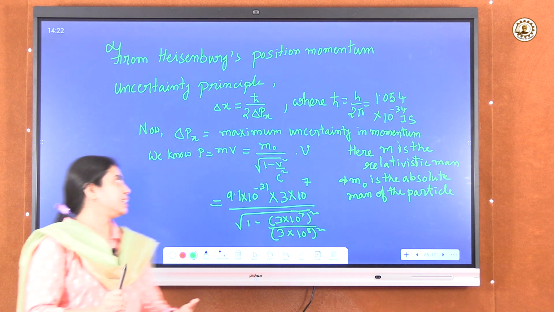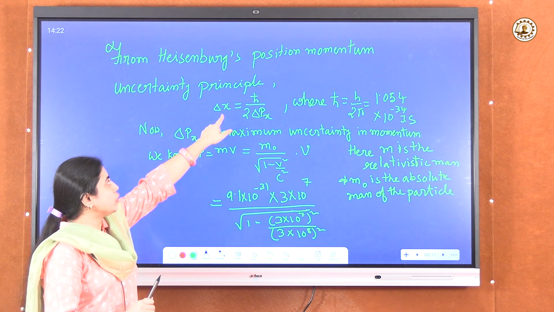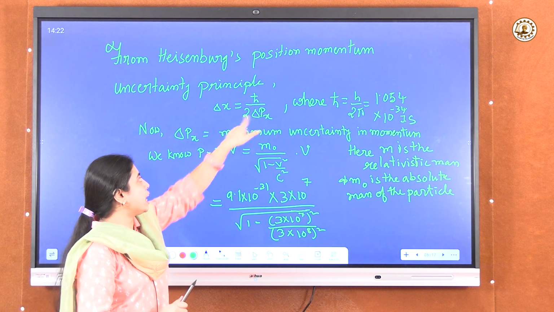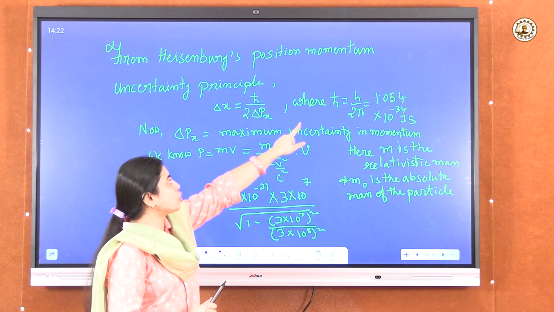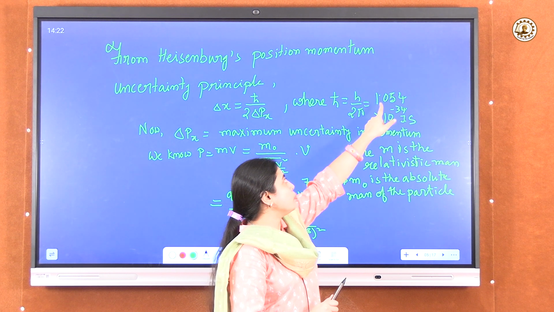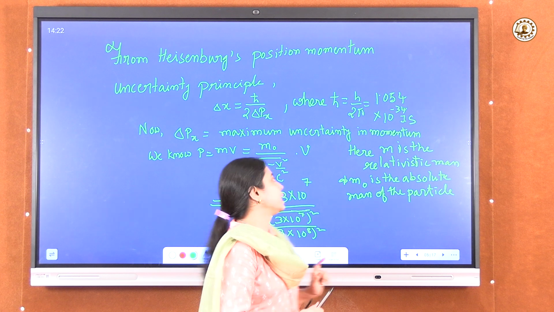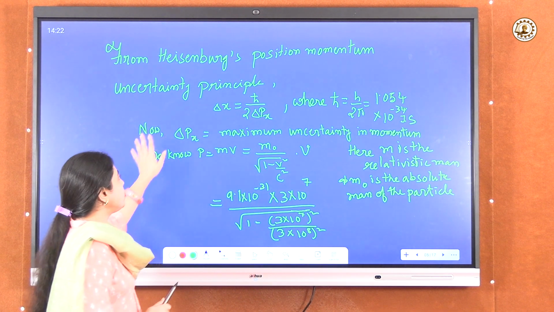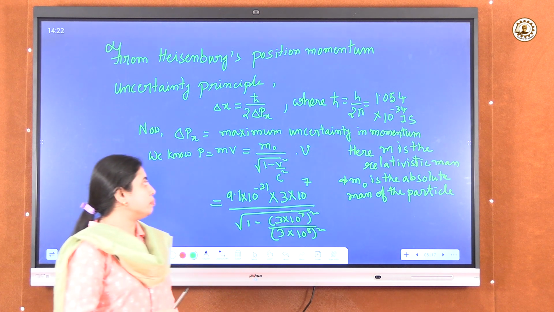So, using this relation, we can write del x equal to h cross by 2 into del Px, where h cross is equal to h by 2 pi and the value is 1.054 into 10 to the power minus 34 joule second. Now, del Px is the maximum uncertainty in momentum.